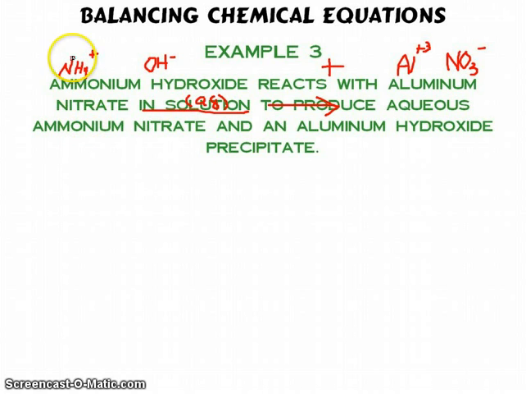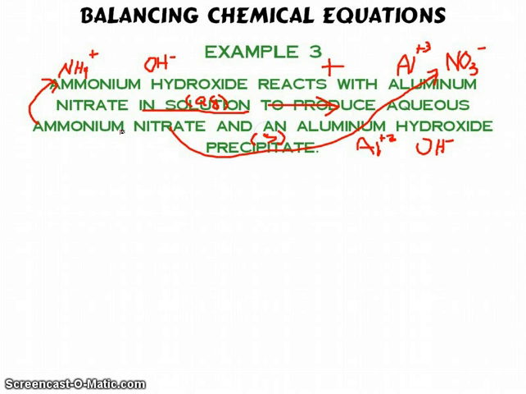Aqueous ammonium nitrate, again, here's my ammonium, here's my nitrate, and we're also going to make aluminum, Al plus 3, hydroxide, OH minus, and precipitate is going to tell me solid.